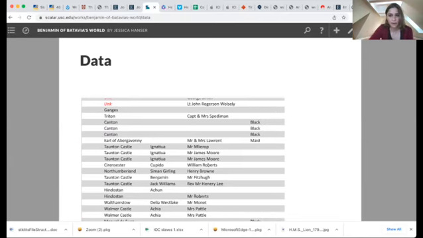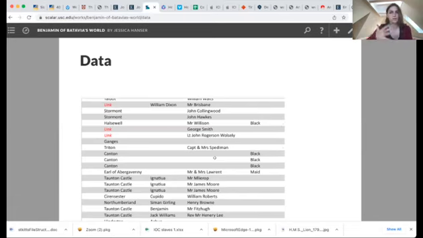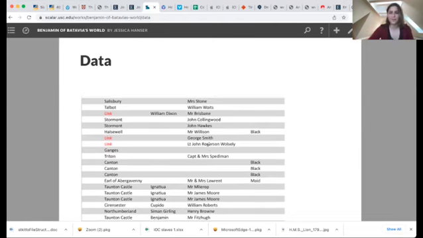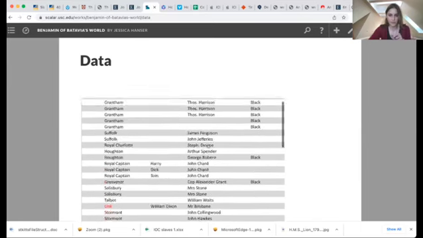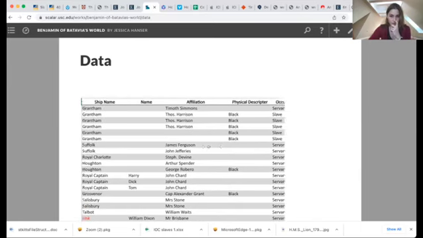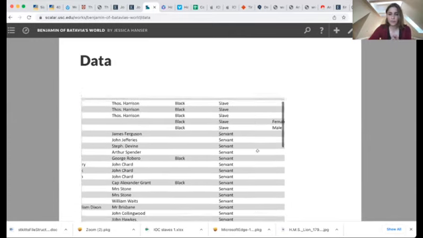They're traveling, though. What's unique about my sources, I think, is that they're traveling with their enslaver or employer. And some of it's not clear who's a servant and who's a slave. We can talk a lot about categorization and language and, of course, the cross-cultural dimensions of this. But we've got physical descriptors and occupational descriptors.